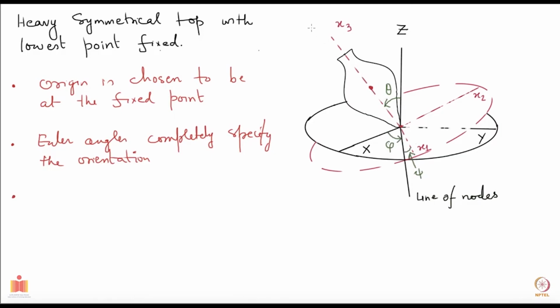Okay, so that's one of the directions of body coordinates. So let me write it down. One of the principal axes is the axis of symmetry.